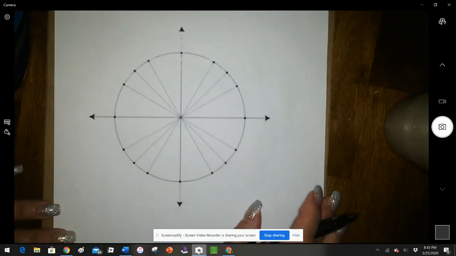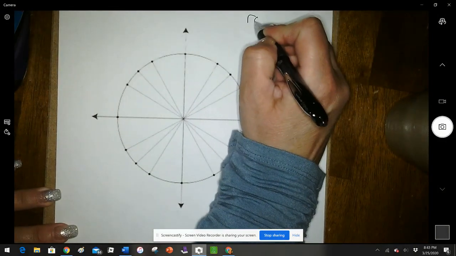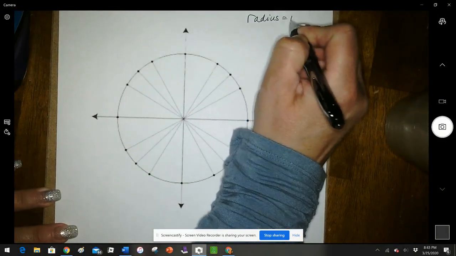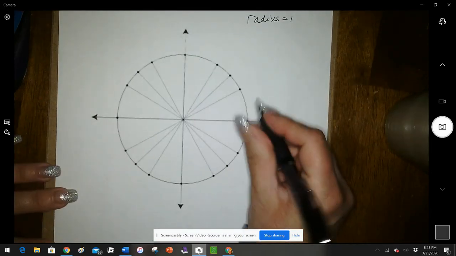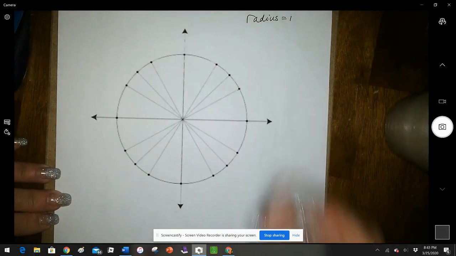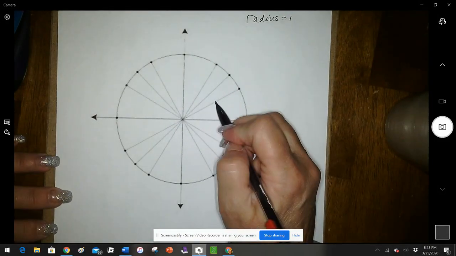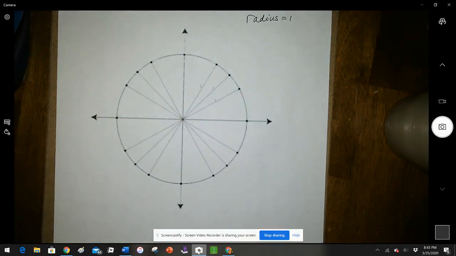And the reason it's called the unit circle is because the radius is 1, okay? And so for this particular circle, all the radius lengths are equal to 1. And this actually gives us a lot of really good things to look at, to think about, and to talk about.